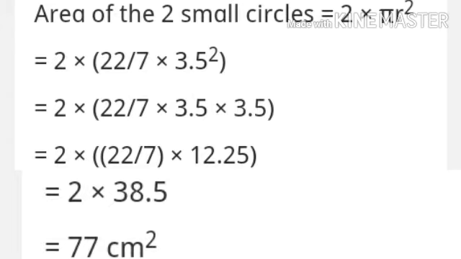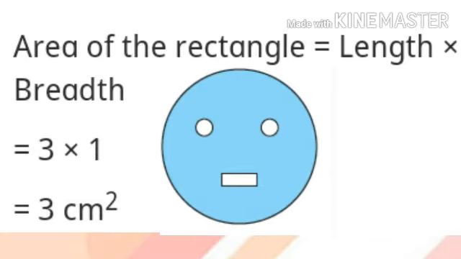If we multiply 2 into 38.5, we get 77 centimeter square. So area of two small circles is equal to 77 centimeter square. Now area of the rectangle is equal to length into breadth. So 3 into 1 is equal to 3 centimeter square. So area of the rectangle is equal to 3 centimeter square.